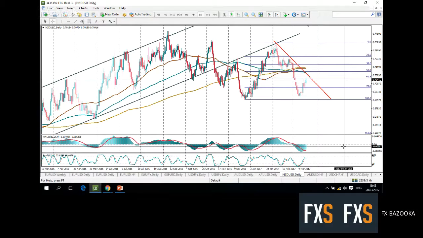Also an important thing to remember is that risk aversion is contributing to the dynamics of these currencies which have high interest rates, and these currencies which are closely involved in global trade.